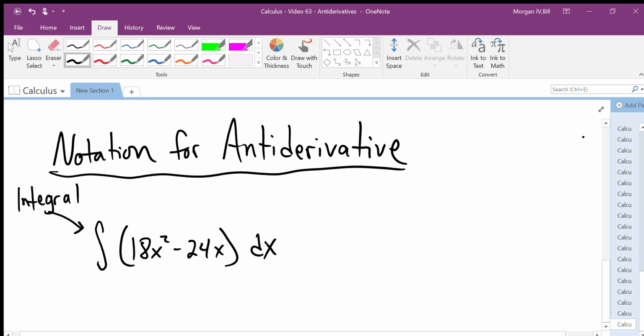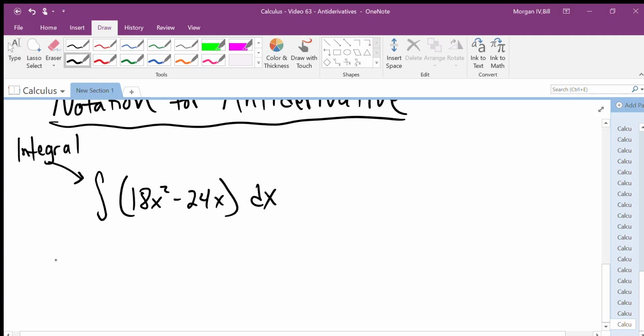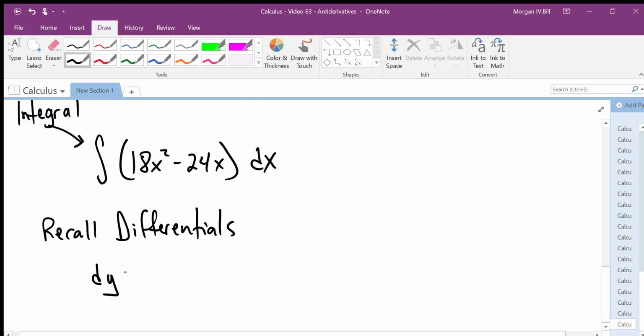This should remind you of something from when we did differentials. Recall, when we did differentials, we had dy is equal to f prime of x dx. If I take the antiderivative of each side, I use the integral symbol here and the integral symbol here.